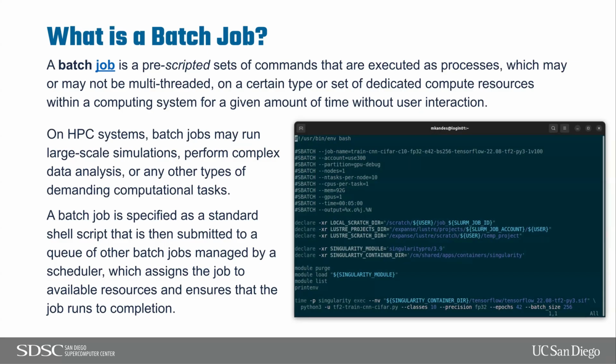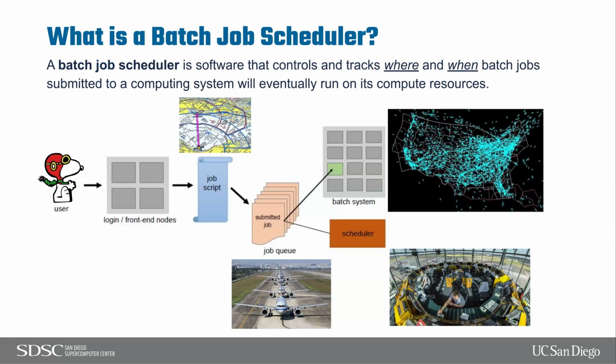Then any variables or commands that will help define the software environment that you need to run the application, and then the actual primary executable command that you want to run. So that's what's shown here. This is what a batch job is.